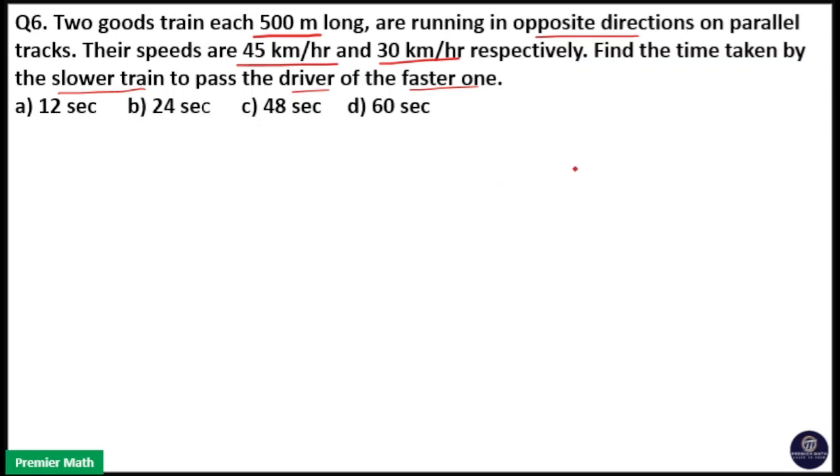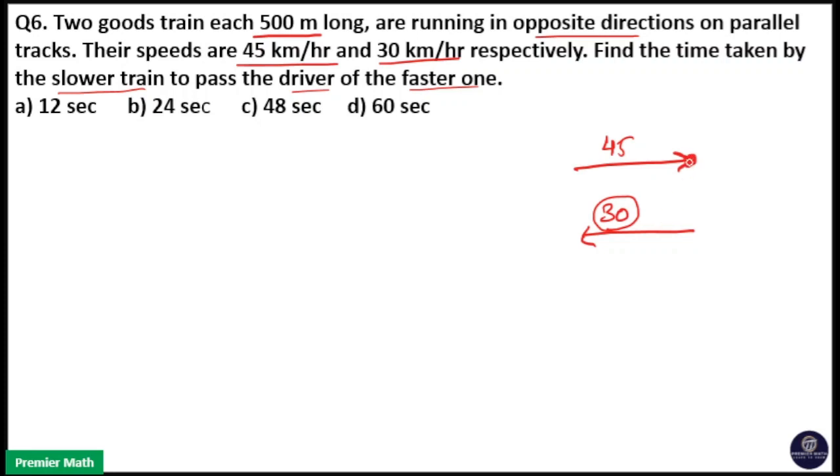Here, two trains are running in opposite directions with speeds of 45 and 30 km per hour respectively, and both have equal length. We have to find the time taken by the slower train to pass the driver of the faster one. Here is the driver in the front.